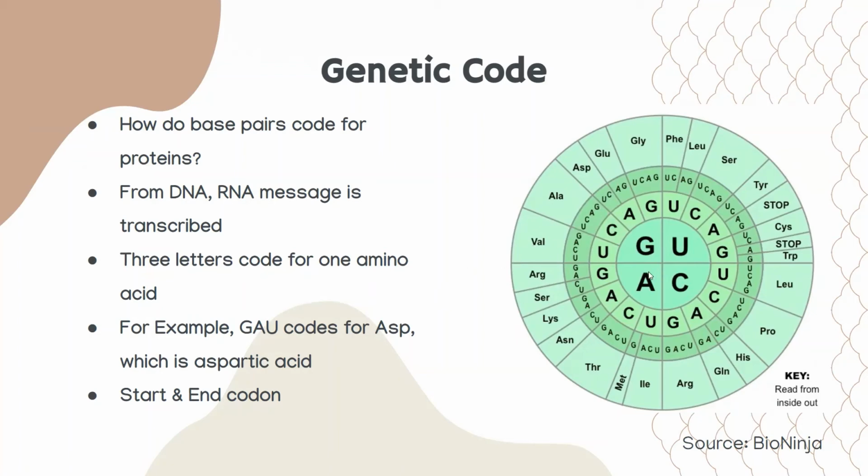I talked about the stop codon, and there's also a start codon. Although there are multiple stop codons, UAG, UAA, and UGA, there's only one start codon. If you take a look at this diagram, there are areas that say stop, which indicate stop codons, but try to find where it says start.